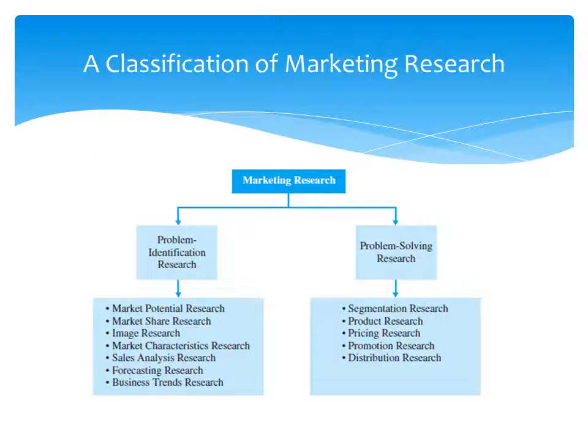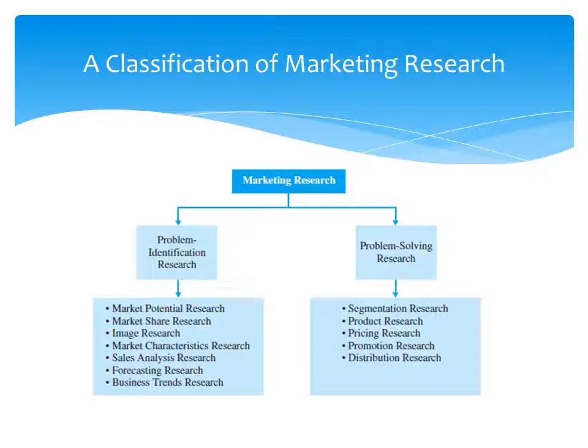In the classification of marketing research, problem identification research includes market potential research, market share research, image research, market characteristics research, sales analysis research, forecasting research, and business trends research.